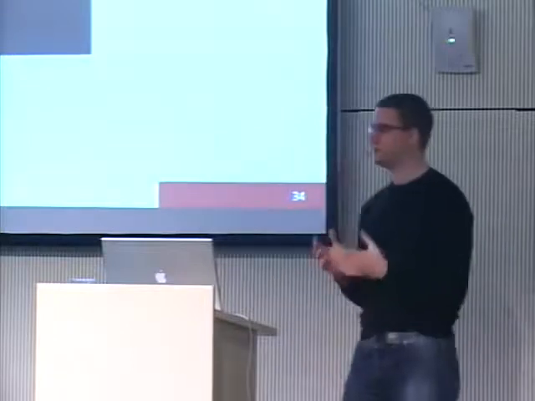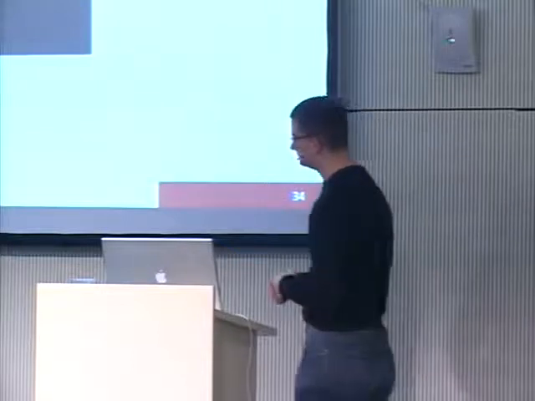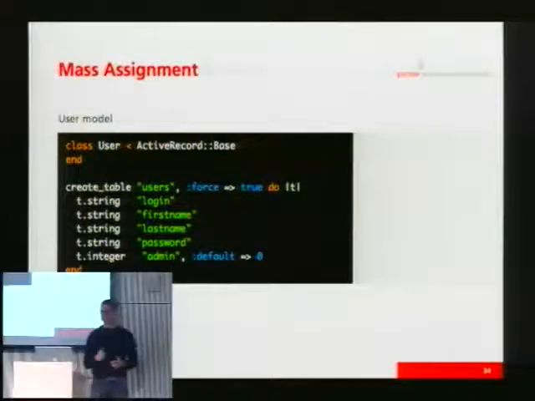Then let's look at something that is Rails specific: mass assignment. In Rails, by default, you're doing mass assignment. Let's look, for example, at a user. You have a user object in your application. It has a login, first name, last name, password, and the important thing, an admin field that is either 1 or nil, depending on if it's an administrator or not.